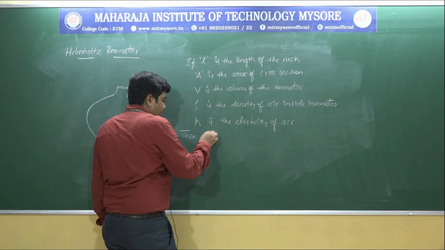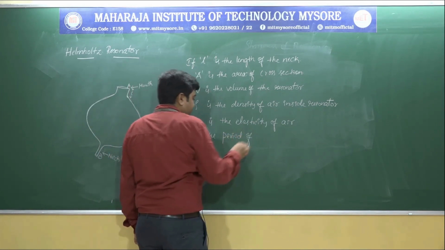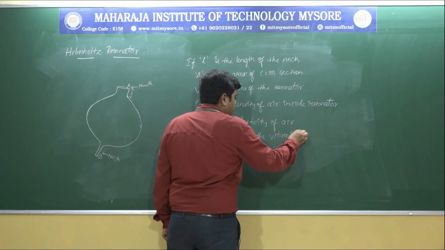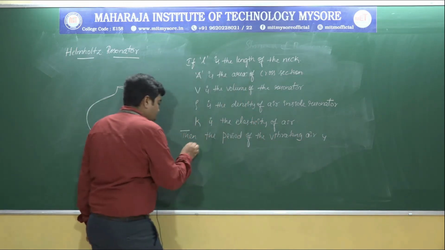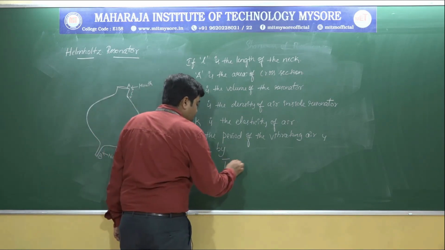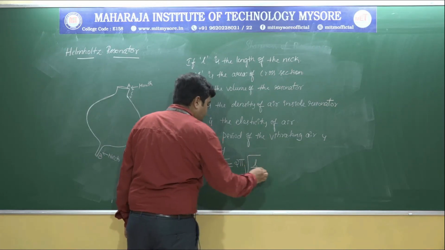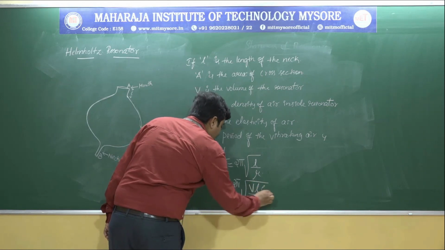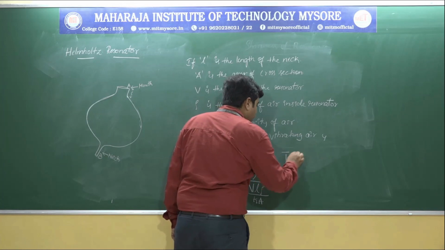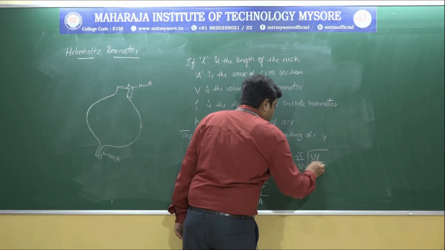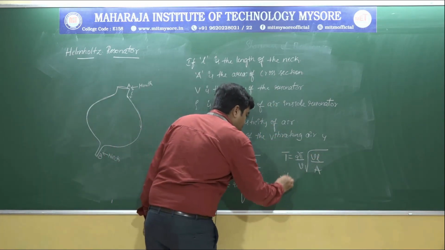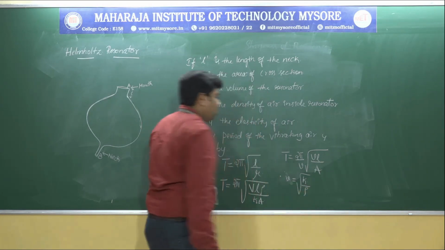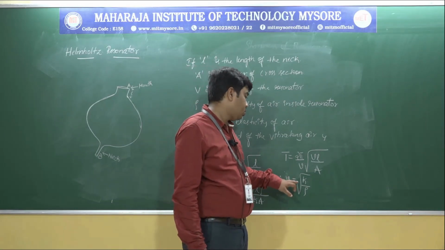Then the period of the vibrating air is given by T is equal to 2 pi into square root of VL by A, or T is equal to 2 pi by v into square root of VL by A, because v is the velocity of sound in air, so v is equal to root of K by rho.